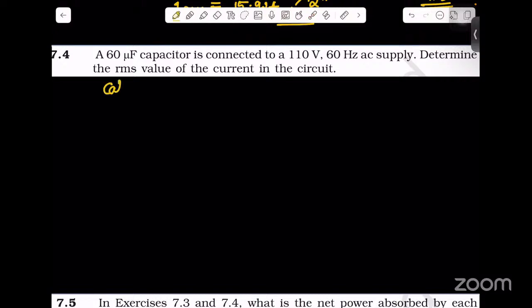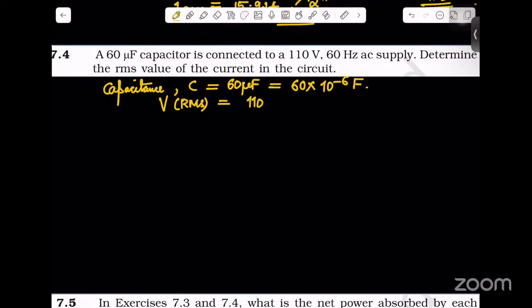The capacitance C has been given to us as 60 microfarads. If we convert it to SI units, it will be 60 into 10 raised to minus 6 farads. The source voltage, if nothing is mentioned, refers to the RMS voltage, which is 110 volts.